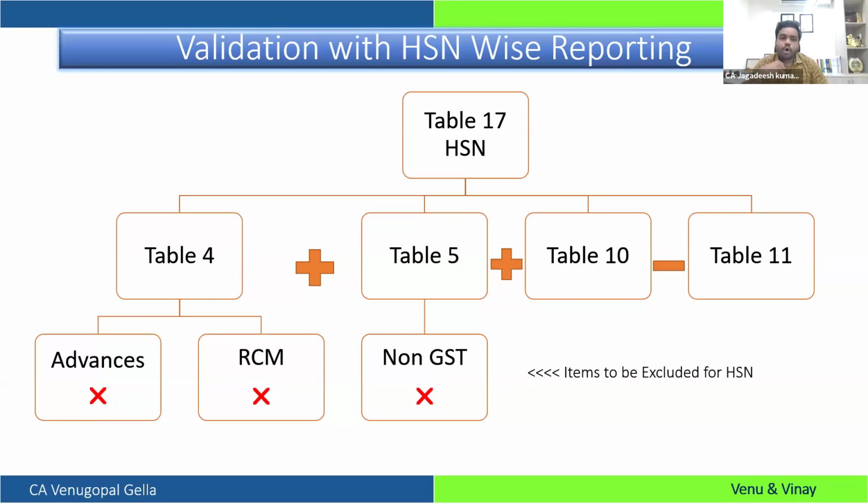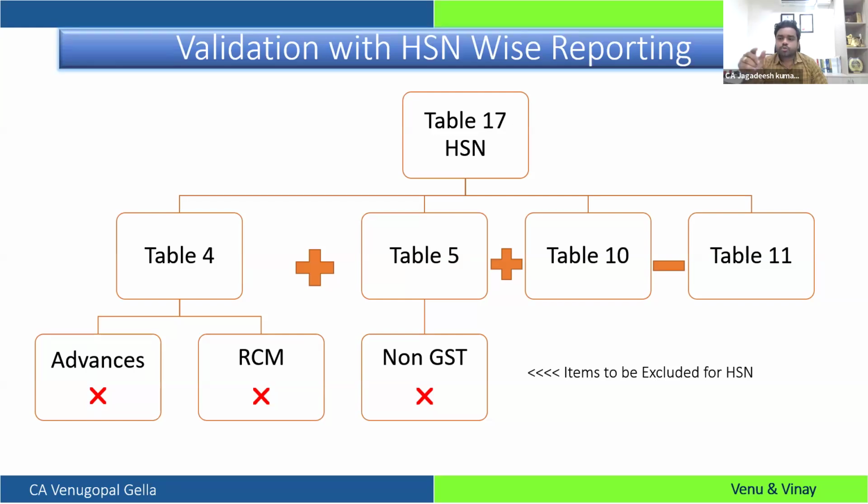In the table 4, all my outward supplies, excluding advances, and my inward supplies on which I need to pay tax under reverse charge, those two items I need to exclude from the table 4. And coming to the table 5, I can exclude my non-GST supplies, if there are any.